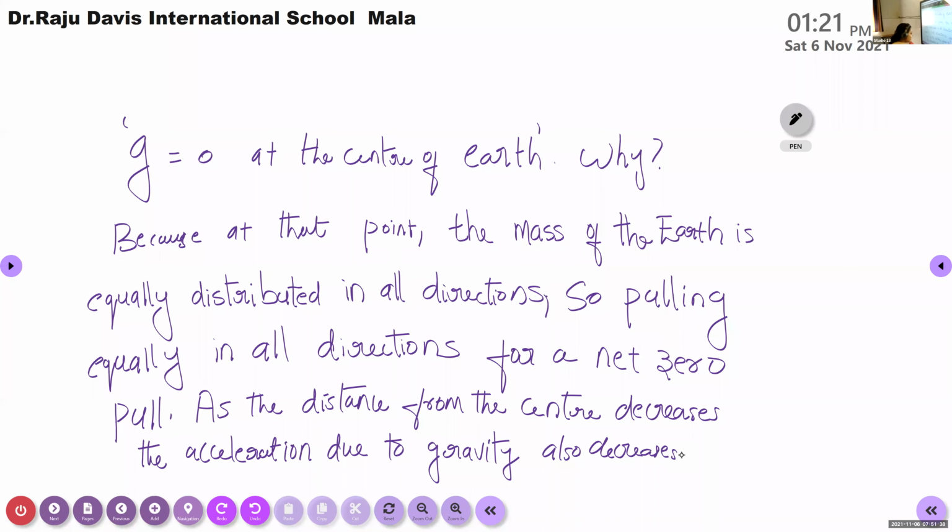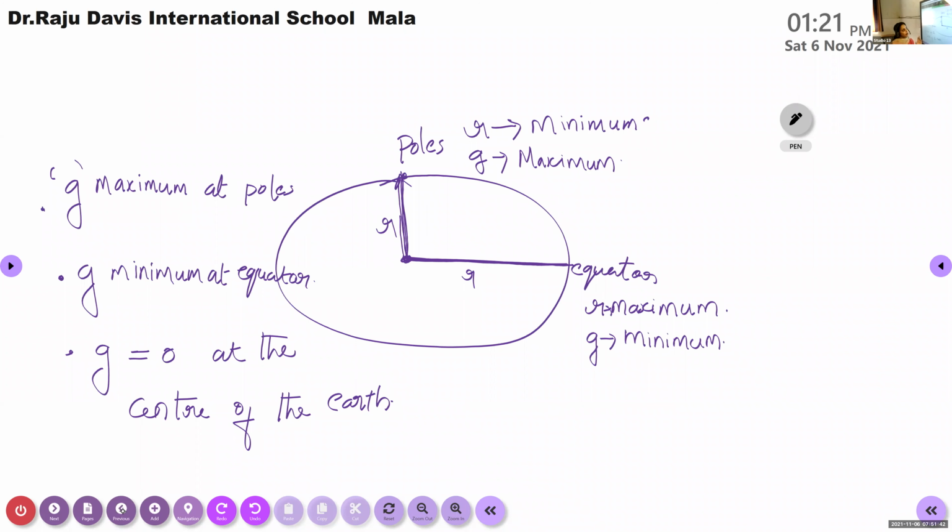So depending upon the variation of the radius of the Earth, there will be variations in the value of acceleration due to gravity. And here, as we told, the acceleration due to gravity g is maximum at the two poles because the value of radius is minimum there. In the case of the equator, the radius is greater, so we have a minimum value of acceleration due to gravity. And the value of g is equal to 0 at the center of the Earth, because at the center the mass is equally distributed.